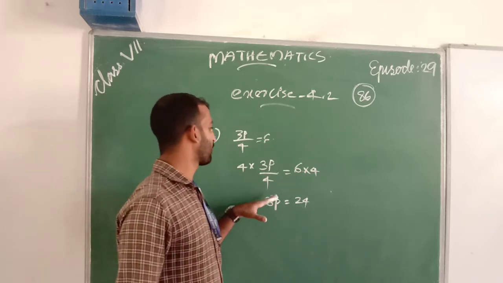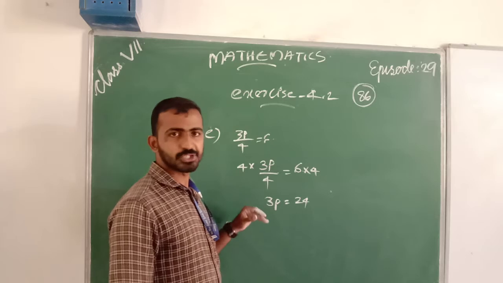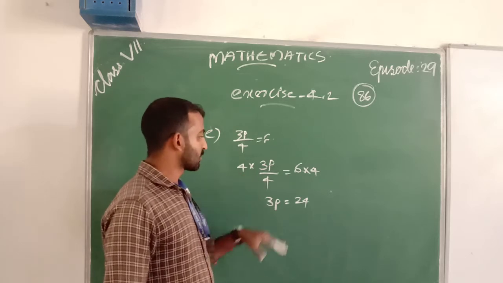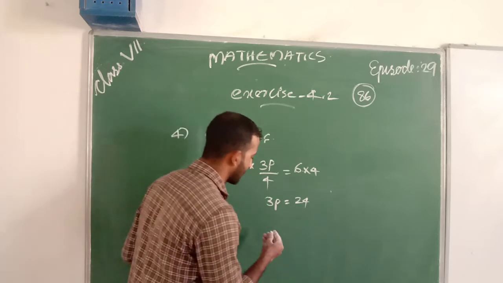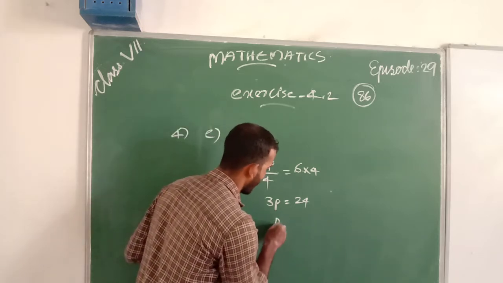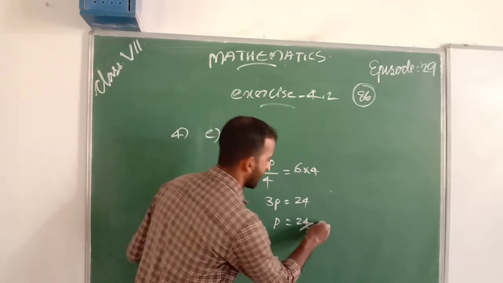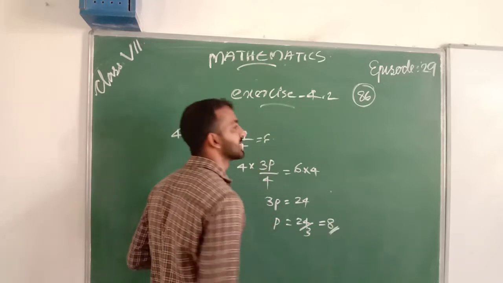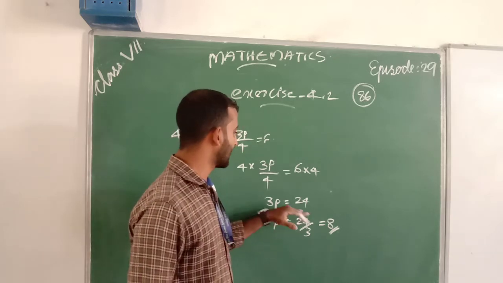Next step, from 3p equal to 24, p equal to 24 by 3, that is equal to 8. That is, we divide by 3.